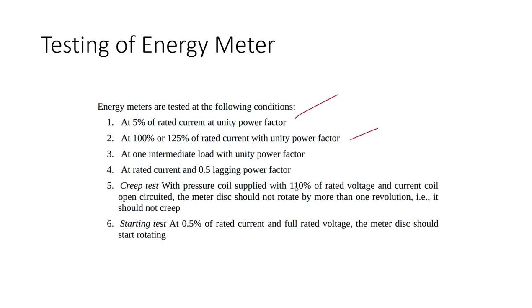At one intermediate load with unity power factor, at 0.5 power factor lagging, and then we do the creeping test with voltage coils applied with 110% of the rated voltage, and then we check the starting test in which the current at 0.5% and full rated voltage is given to the disc before it starts rotating. So these are some tests. Just go through it and you will understand it.